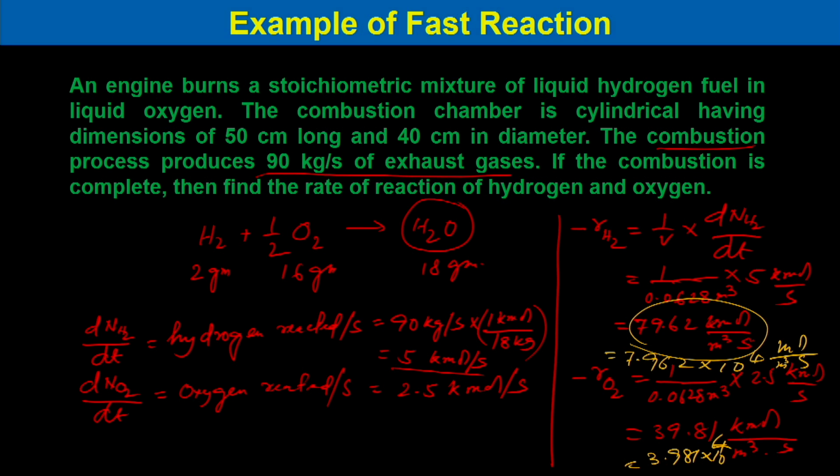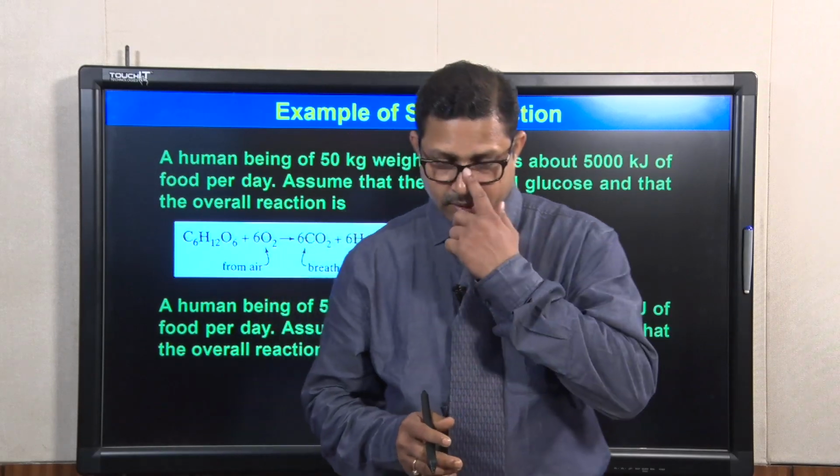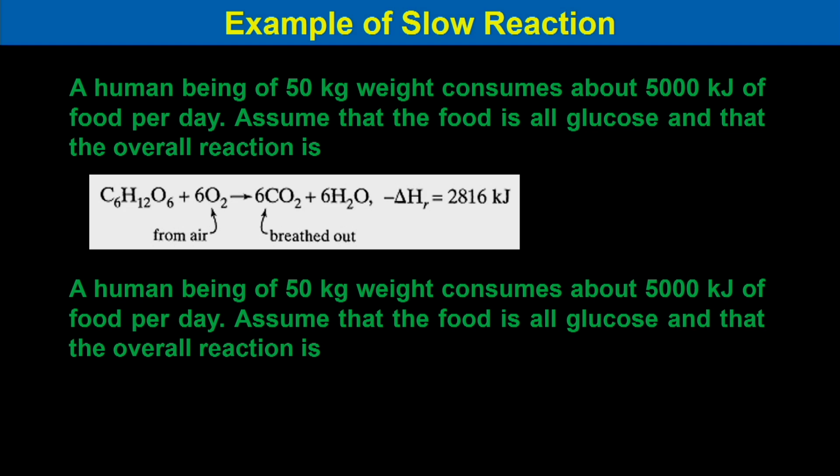Now, let us take another example, of a slow reaction. A human being of 50 kg weight consumes about 5000 kilojoule of food per day, and assume that the food is glucose and that the overall reaction is represented by this.